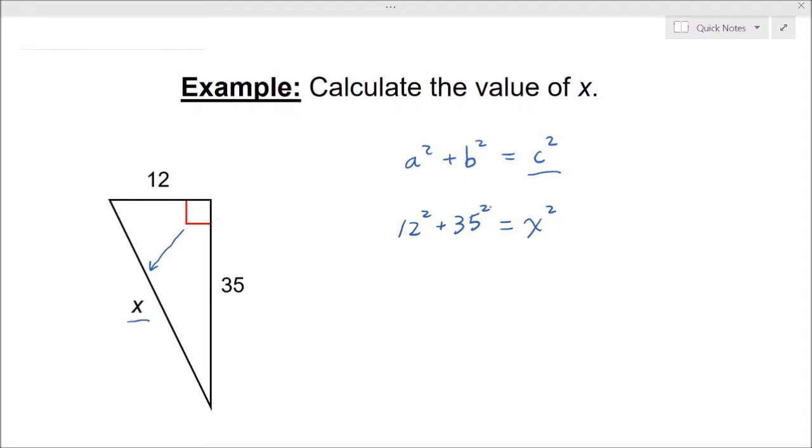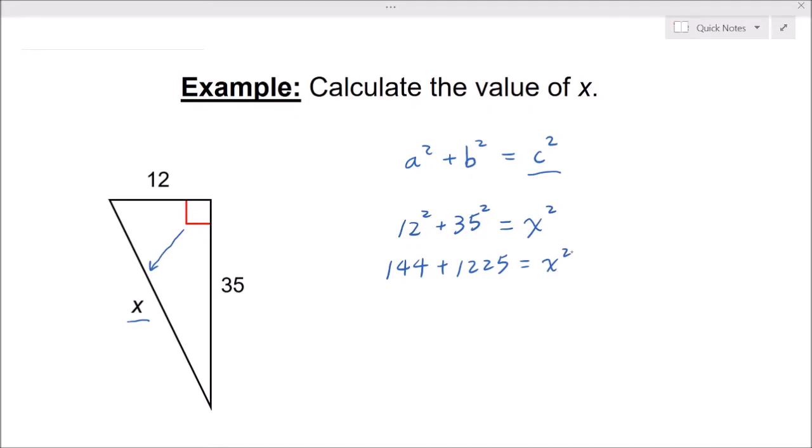Because in using order of operations, 12 squared, we can figure that out. That's just 144. Plus 35 squared, again, that's just a number. In a calculator, we get 1225 equals x squared. And then these are two numbers we can add, right?